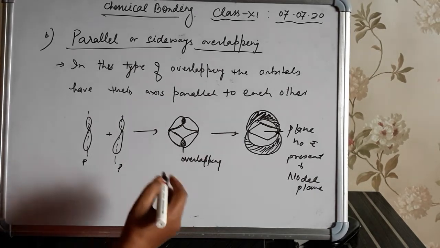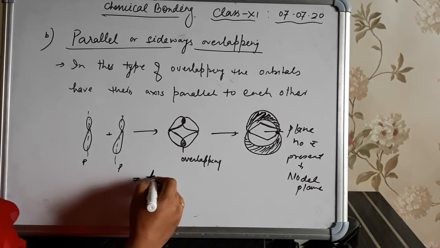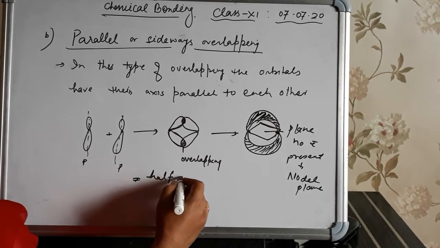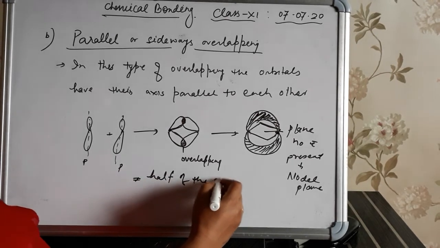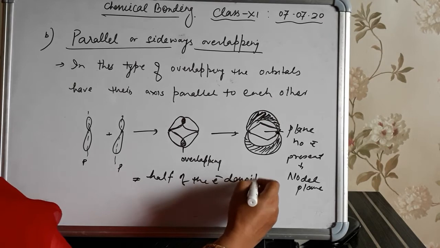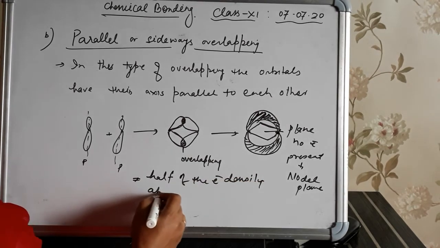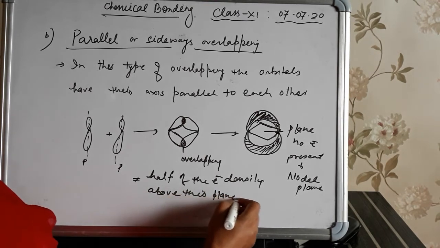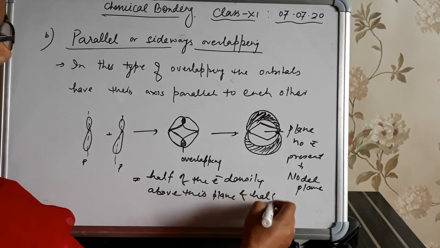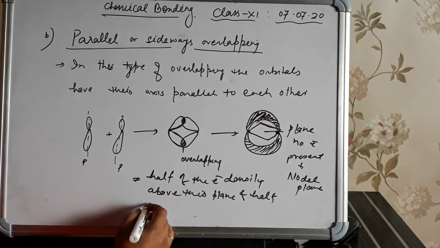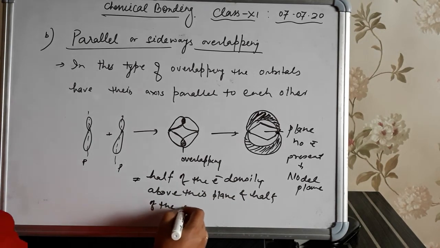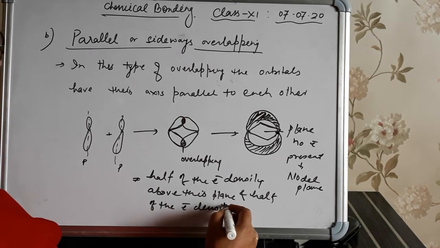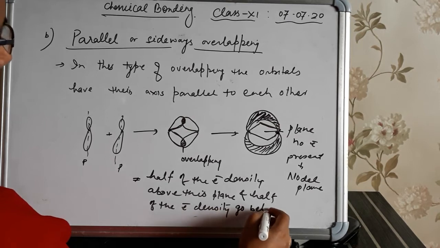So when this type of overlapping takes place, half of the electron density goes above this plane, and half of the electron density goes below the plane.